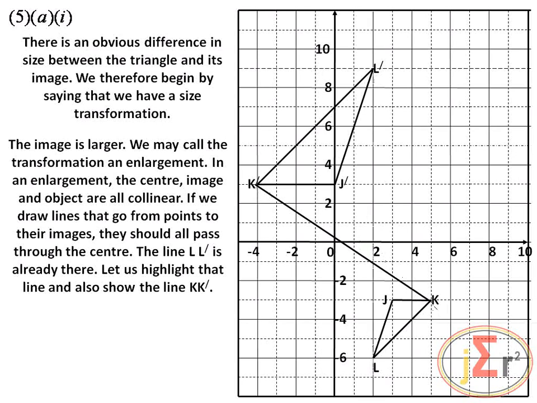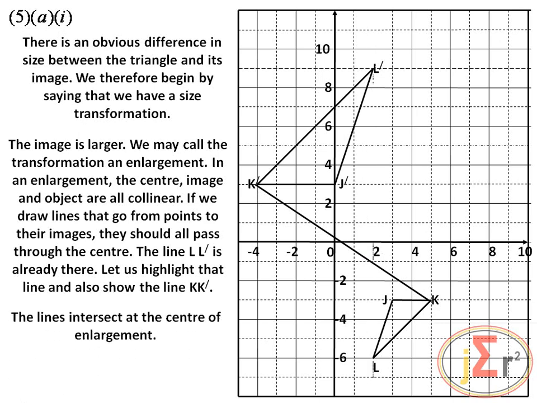Therefore, the point of intersection of those two lines will be the center of enlargement. The lines intersect at the center of enlargement, which is that point 2, -1. That is our center of enlargement. The center of enlargement is 2, -1.